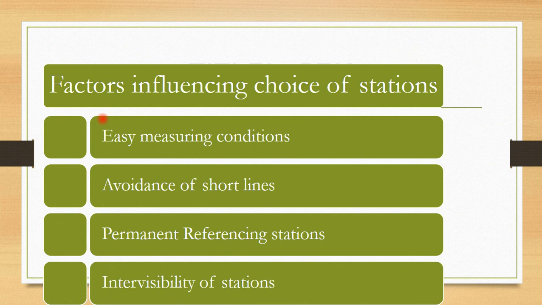So, factors influencing the choice of the traverse stations. You don't just choose the traverse stations anyhow, especially when you are conducting a traverse for highways or railway lines and the like. So you need to choose convenient stations. But if it is establishing the location of the corners of a land, like a plot, you may not have a choice.